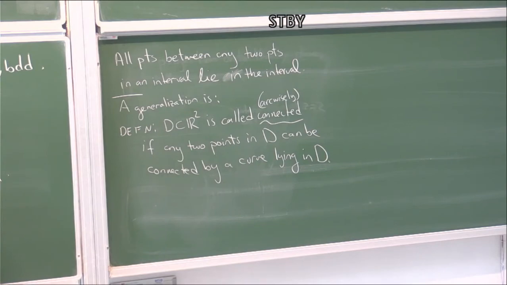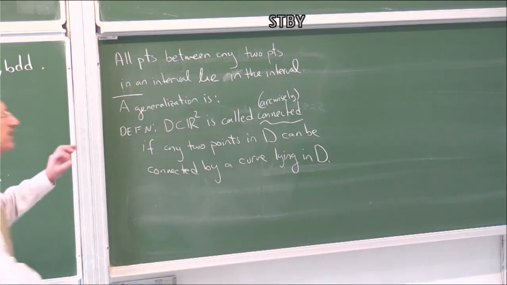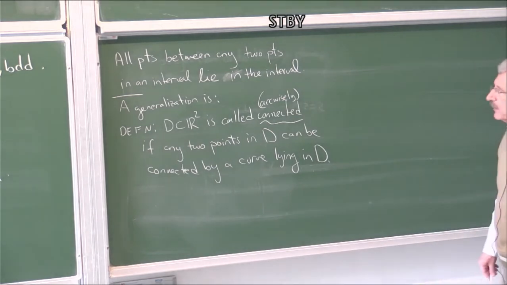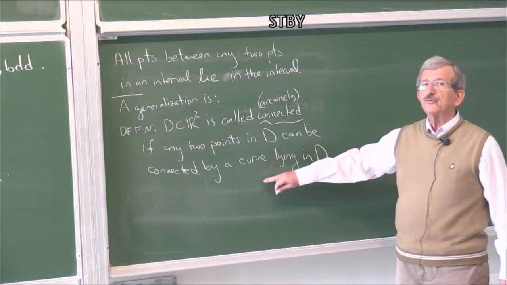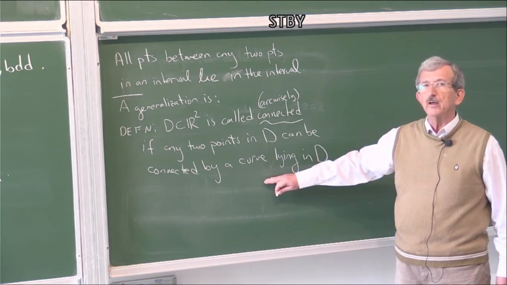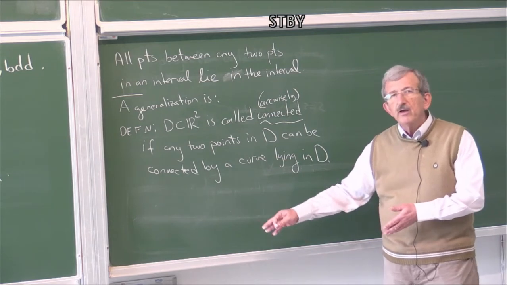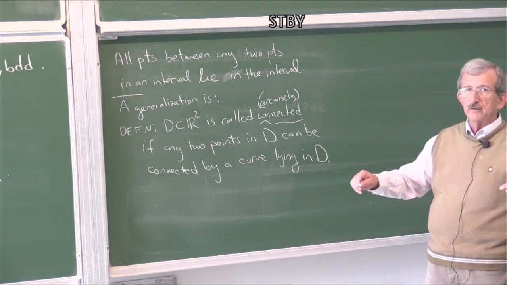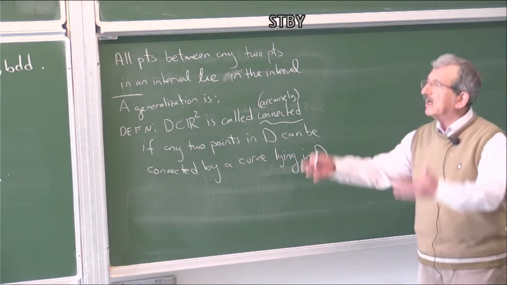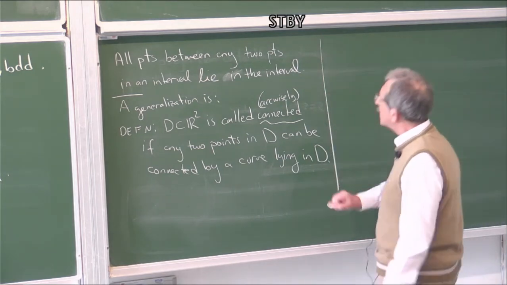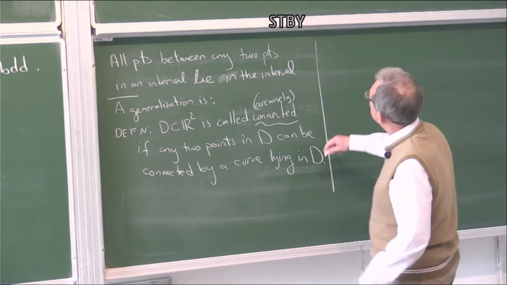Now, this is a property satisfied by the interval automatically in R. In our counterexample, this was not true. Namely, if you took the point 0 and a point 3, you cannot connect it with a curve which is inside this union. So, let us see very rough examples.